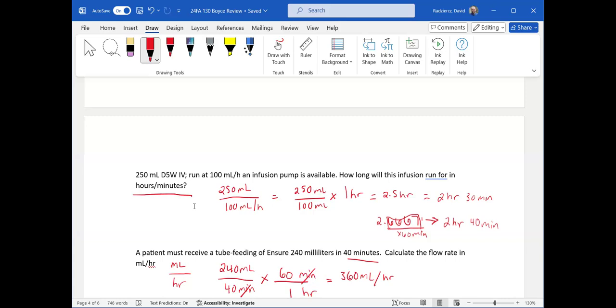When will it end? And then you would still do the same math. You'd get to 2 hours and 30 minutes, and then you'd say, okay, it started Tuesday at 8:30 a.m., plus 2 hours and 30 minutes. That's 8, 9, 10, and then another half an hour. So it'll end at 11 a.m. on Tuesday morning.